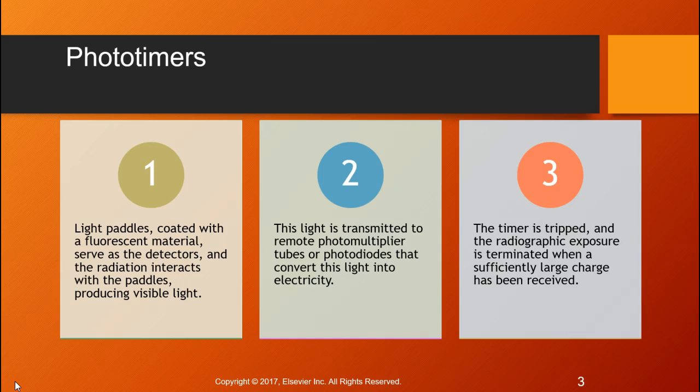That light is then transmitted via remote photomultiplier tubes or photodiodes, depending on the manufacturer, which convert that visible light into electricity. The electricity then trips a timer, and then the exposure is therefore terminated. And that's pre-programmed, so when a sufficient charge has been received from the timer, it'll trip it, and then that's what terminates your exposure.